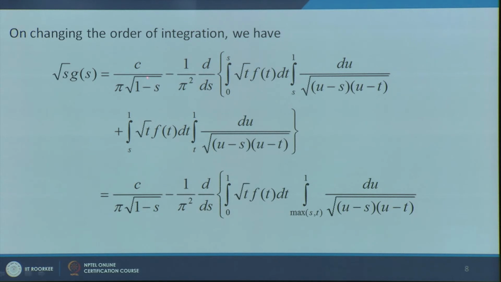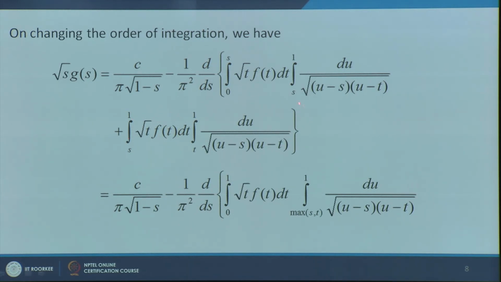And then we have 3 upon pi square root 1 minus s minus 1 upon pi square d over ds. Now here, in the integral s to 1, t is less than s, because t varies from 0 to s. Here t is more than s, because t varies from s to 1.